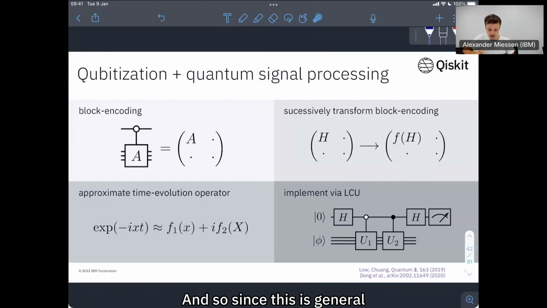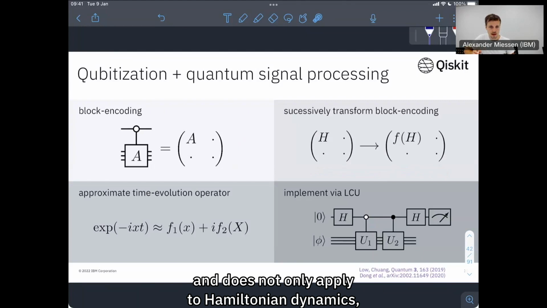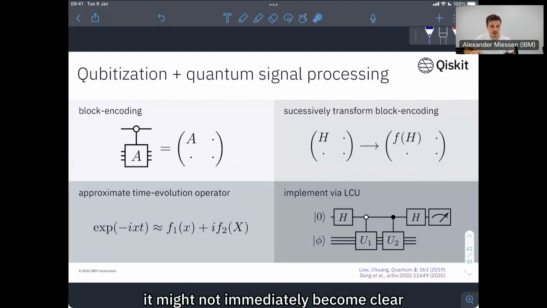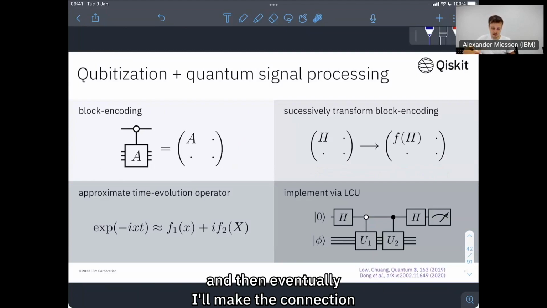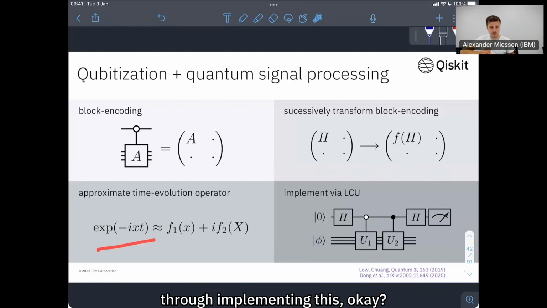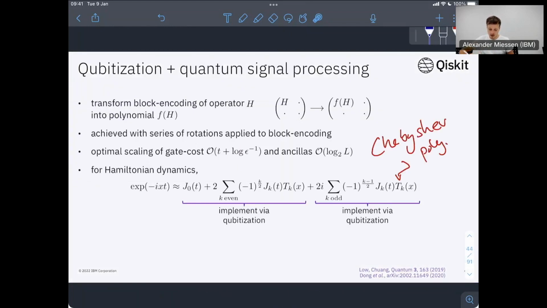And so, since this is general and does not only apply to Hamiltonian dynamics, it might not immediately become clear why we have to do this, okay? So just endure through this, and then eventually I'll make the connection to implementing this, okay? All right.